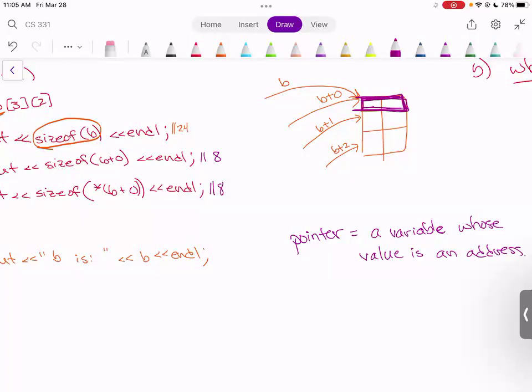Now, B plus 0. What is B plus 0, B plus 1, and B plus 2? They're all pointers, right? Good. Because they're all pointers, I'm dereferencing a pointer. Which means what? What will my value be?